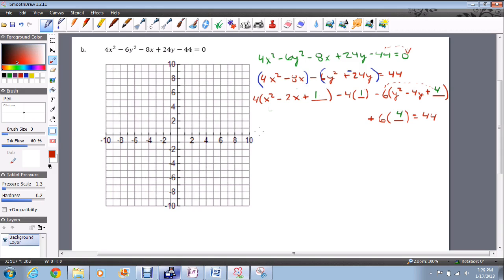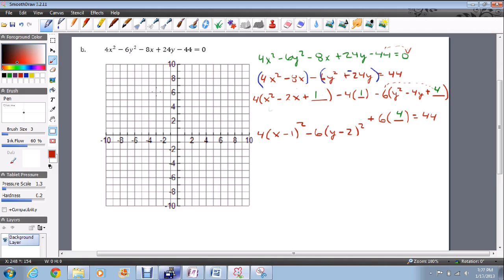So now I go ahead and write it as two completed squares. So basically in factored form, x minus 1, we just take half of this middle number here to get the 1 right there. That whole quantity being squared, minus 6 times (y minus 2) squared.